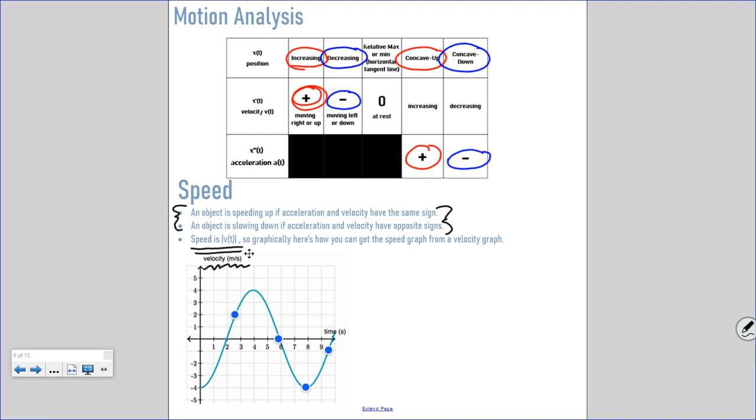If I want to do the speed graph, I know speed is the absolute value of velocity. So what absolute value of velocity does, it reflects all the negative parts of the graph across the x-axis.